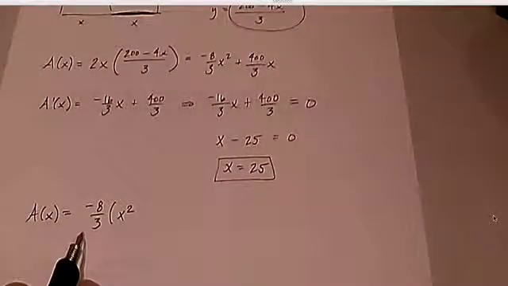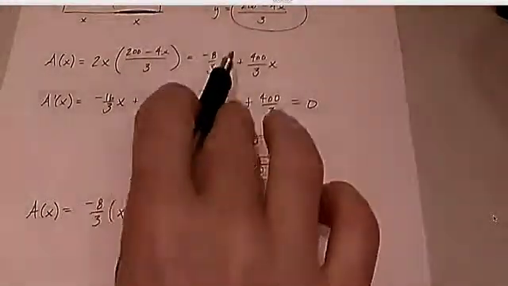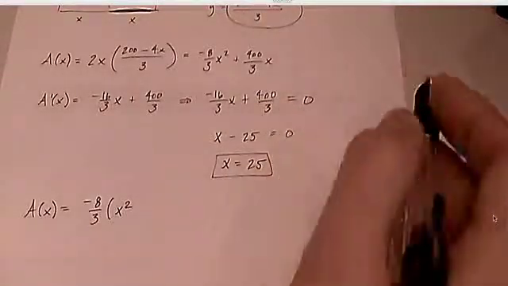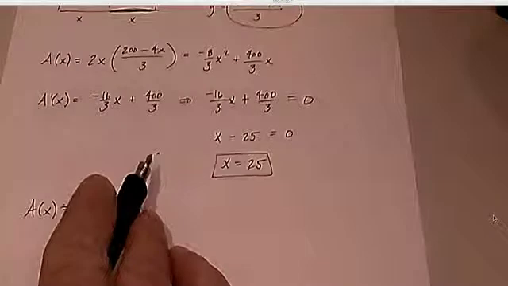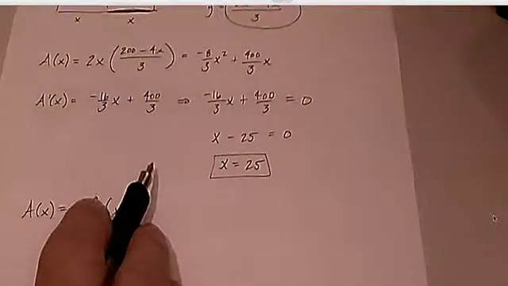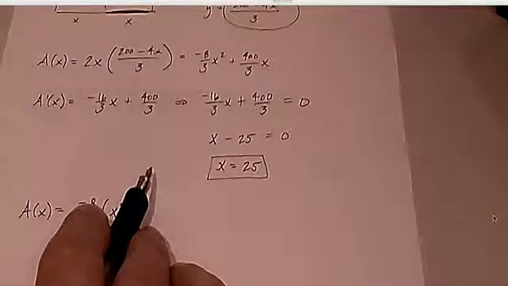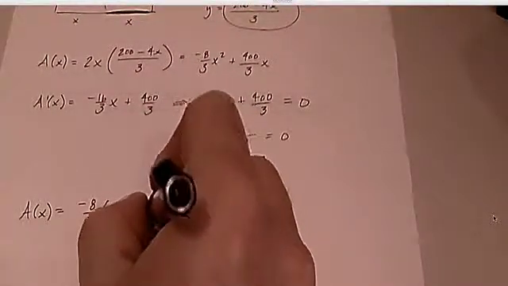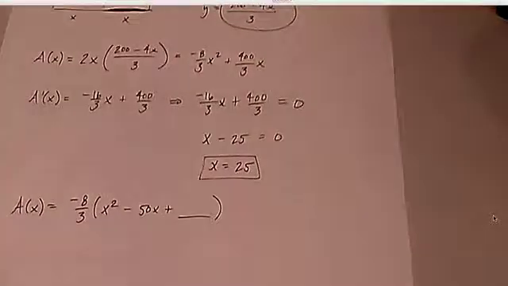Okay, so if we factor out -8/3, well, 4 can be pulled out of 400. That's relatively easy. Okay, 8 can be pulled out of 400. If you pull 8 out of 400, you wind up getting 50. Okay, and therefore it's minus 50x plus blank, in order to complete the square.